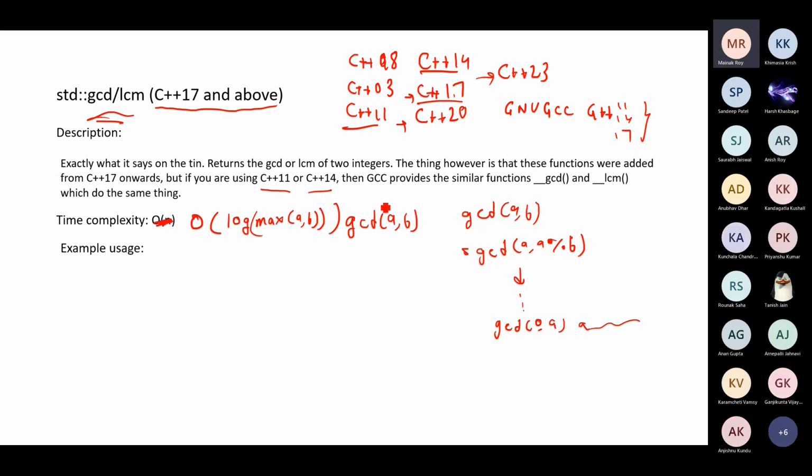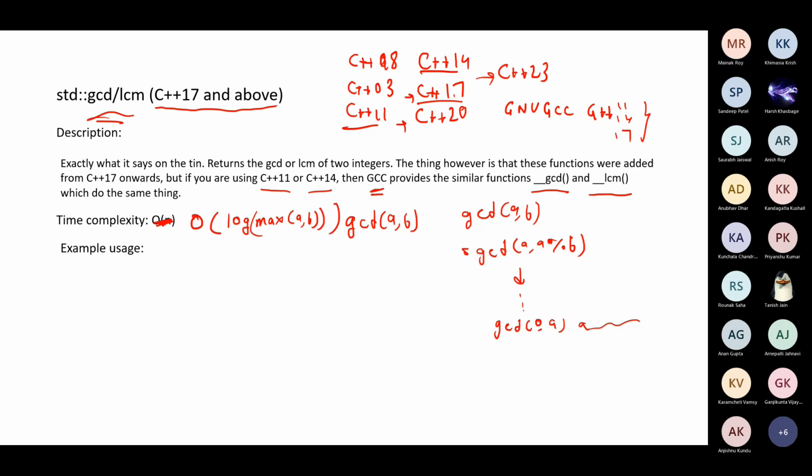But GCC, this particular compiler, provides double underscore GCD and double underscore LCM, which do the same thing as these functions. So don't worry, you're still covered by GCC. But I would recommend that you use the most recent version of C++ that is supported, that is C++17. That is my recommendation.